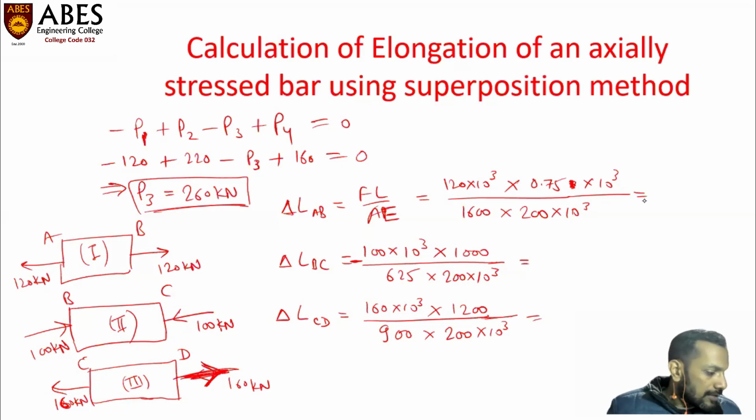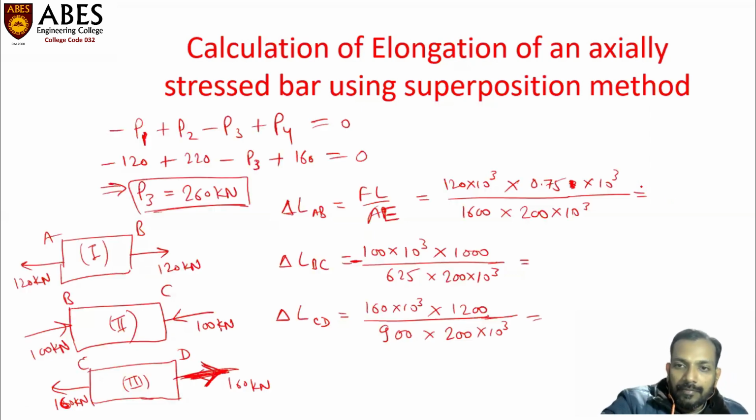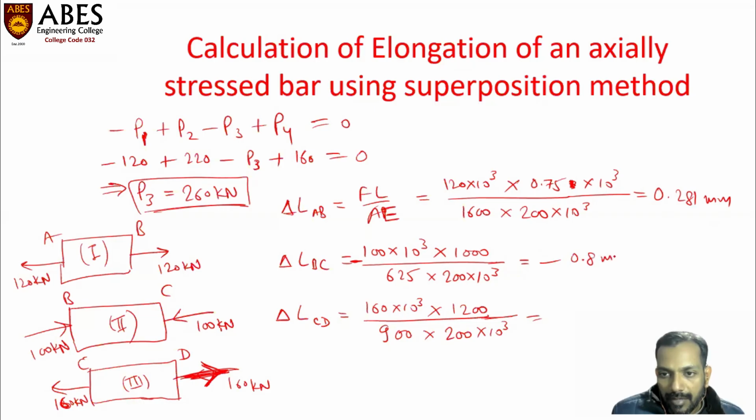So the first value, that is the elongation of AB part, is 0.281 millimeter by calculation. The contraction of the middle part is equal to 0.8 millimeter.